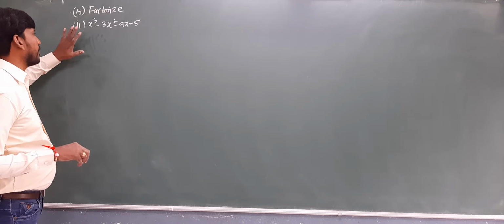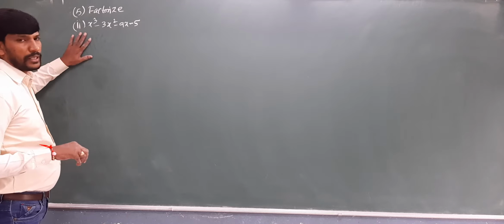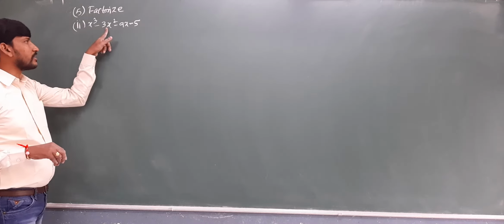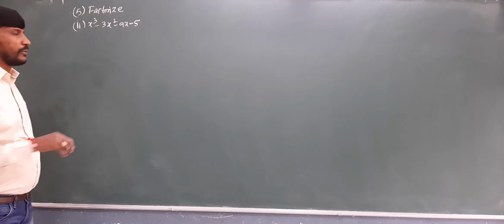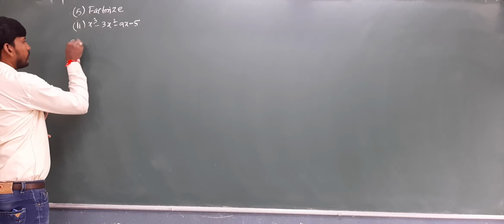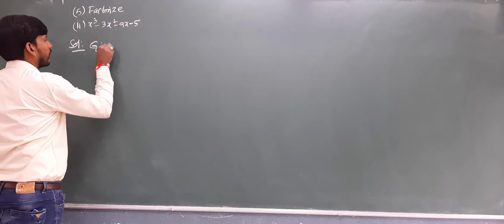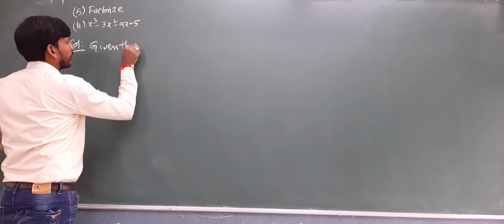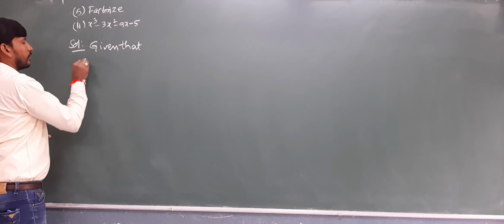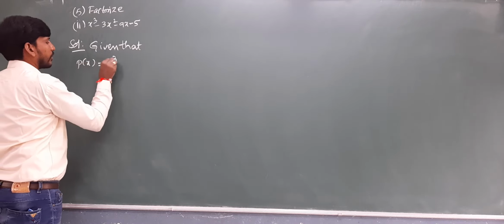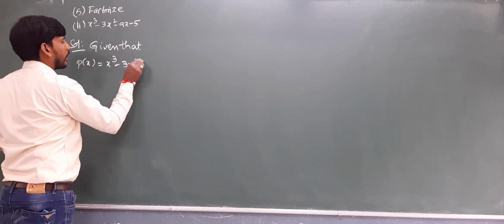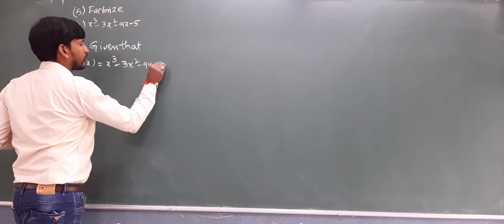Fifth question in the same exercise, second bit: x cube minus 3x square minus 9x minus 5. Solution: given that p of x is equal to x cube minus 3x square minus 9x minus 5.